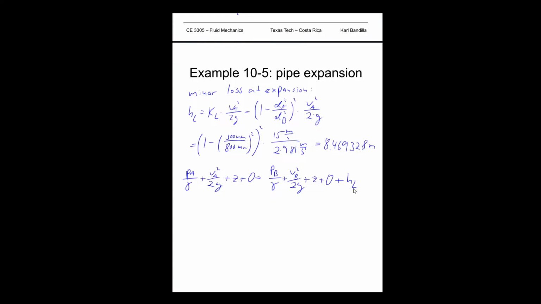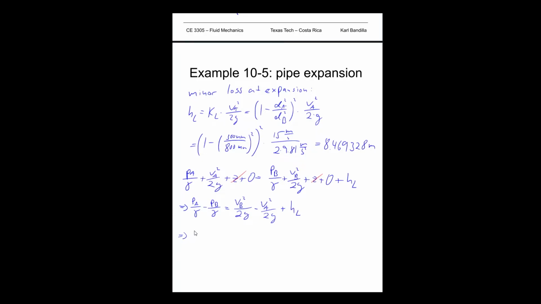All right, if we want to solve that for PA minus PB, then we have to bring over PB. So PA minus PB over gamma is equal to VB squared over 2G, minus VA squared over 2G. The two Z's cancel out, then we have a 0, so all that's left is plus HL.